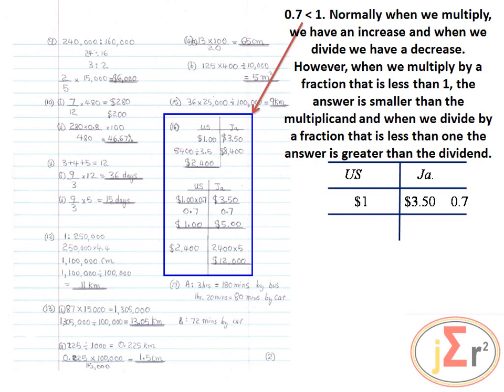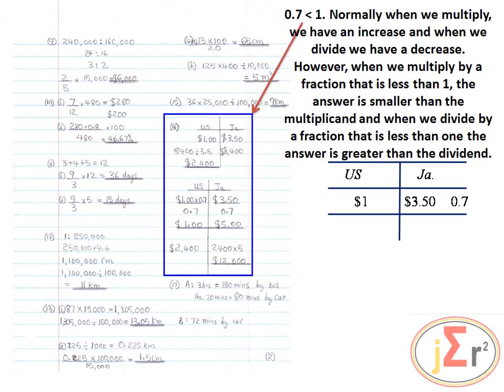And when we divide by a fraction that is less than 1, the answer is greater than the dividend, and the dividend is the number that we will divide by 0.7.